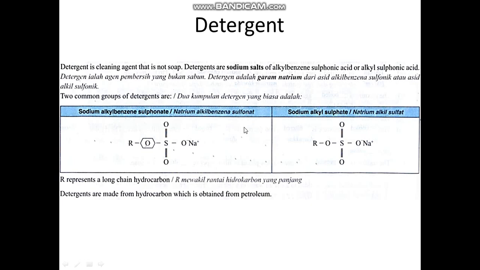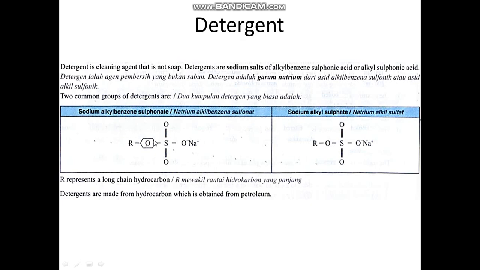How to recognize the detergent? The formula of detergent consists of one S, which is sulfur, surrounded by 4 O. You see, surrounded by 4 O.